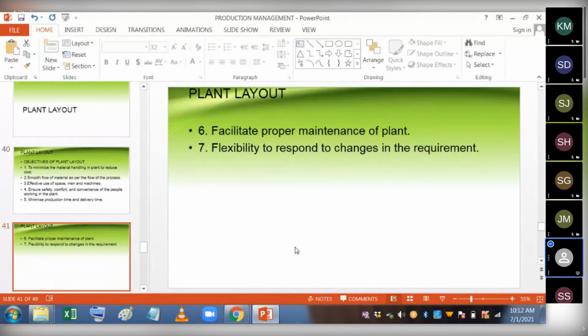If there is a change in the requirement, today's call is that you have to respond to the change. I have told you many times how in a shoe line the production changes frequently, because the demand for shoes changes with season.